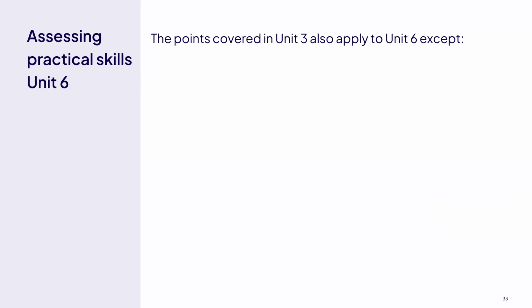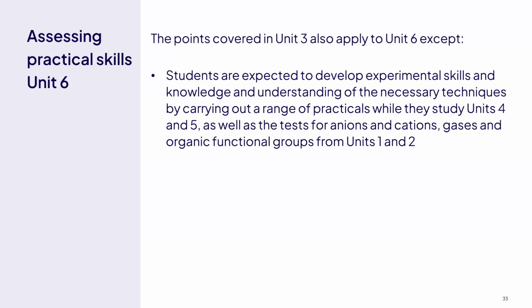The points covered in Unit 3 also apply to Unit 6, except that students are expected to develop experimental skills and knowledge and understanding of the necessary techniques by carrying out a range of practicals while they study Units 4 and 5.